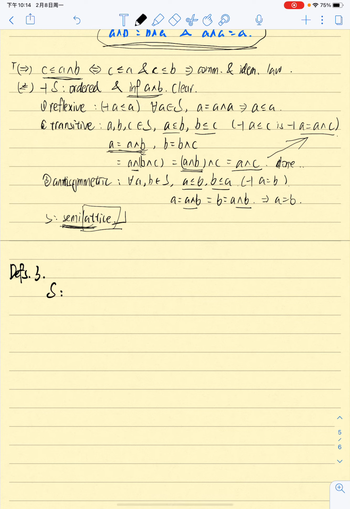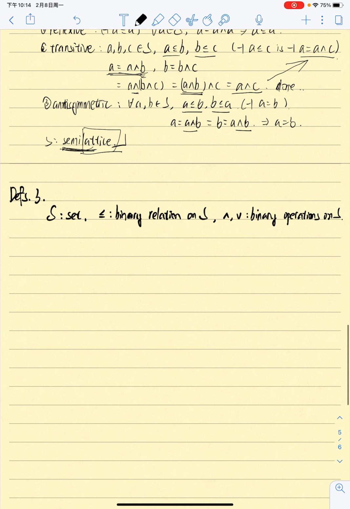Also, S is a set, and this is a binary relation on S, and here is a binary operation on S. Then we call this system a lattice.